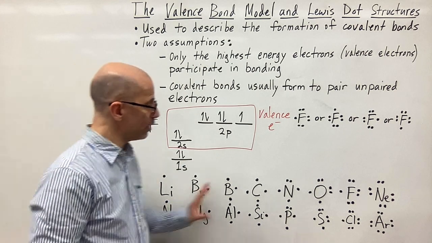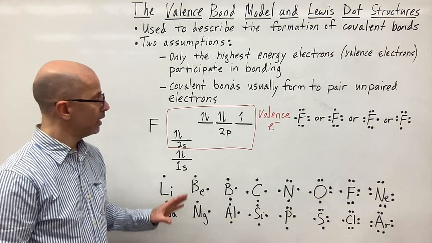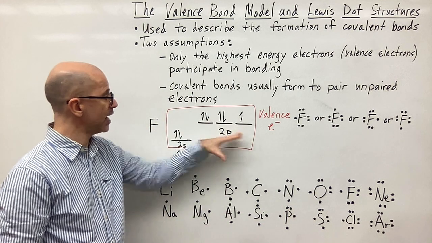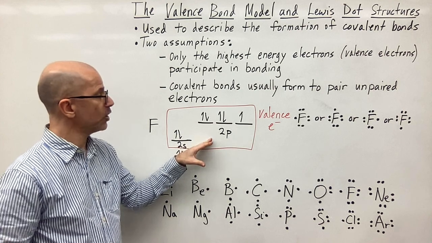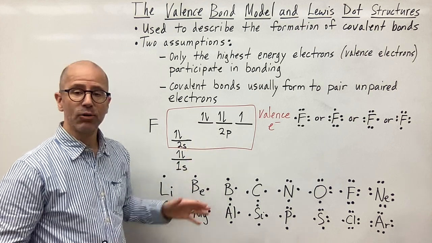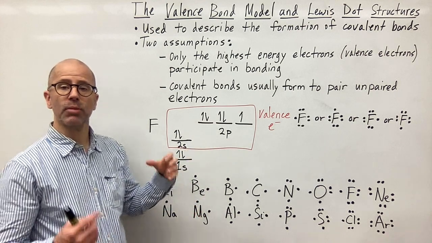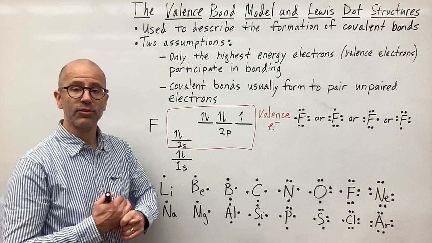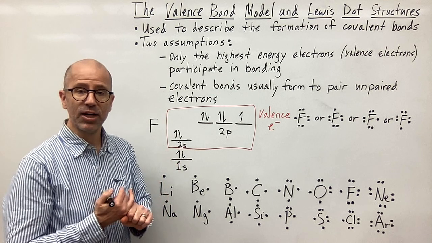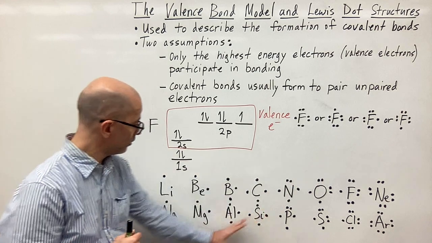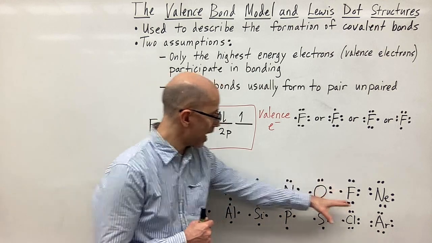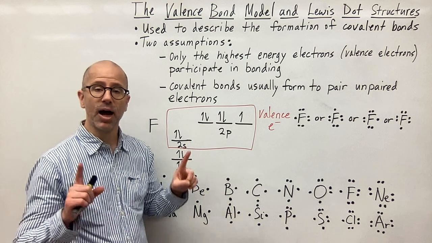Okay, so this is how you write the Lewis dot symbols. They all are based on the number of valence electrons that the element has, which are the highest energy levels. Now let's get into how we form bonds from these symbols. So again, remind yourself that it's the highest energy electrons, the valence electrons that are represented by the dots, and we're pairing up.